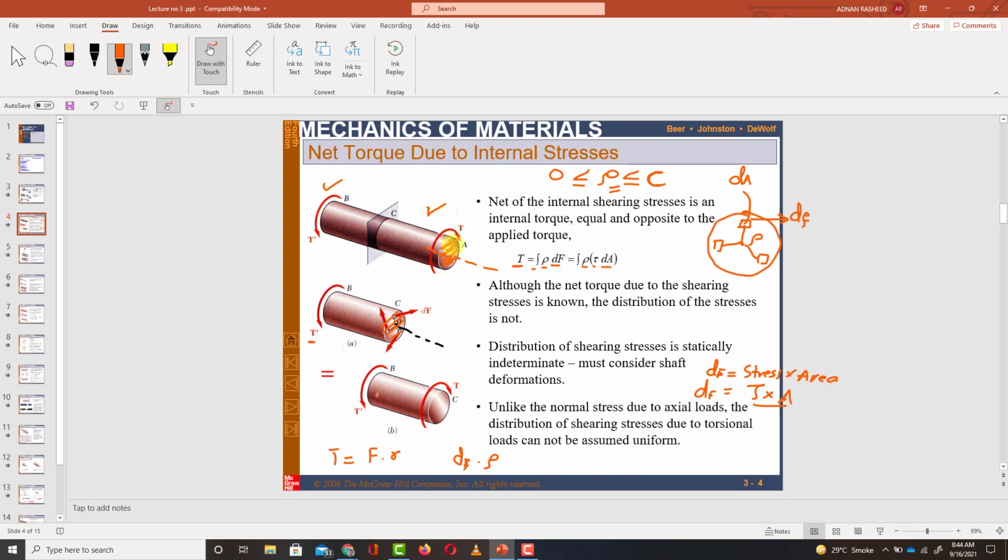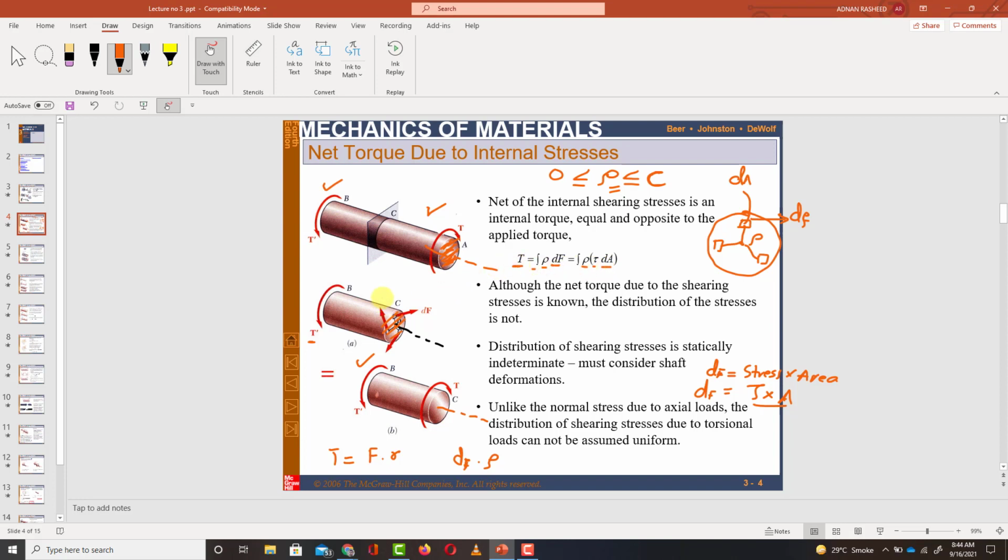Definitely in that area shear stress, or shear force, will be generated. I will repeat again: whenever a surface is perpendicular to the axis, and torques are applied, that surface will be acted upon by shear forces, and this shear force will be equal to shear stress into shear area.